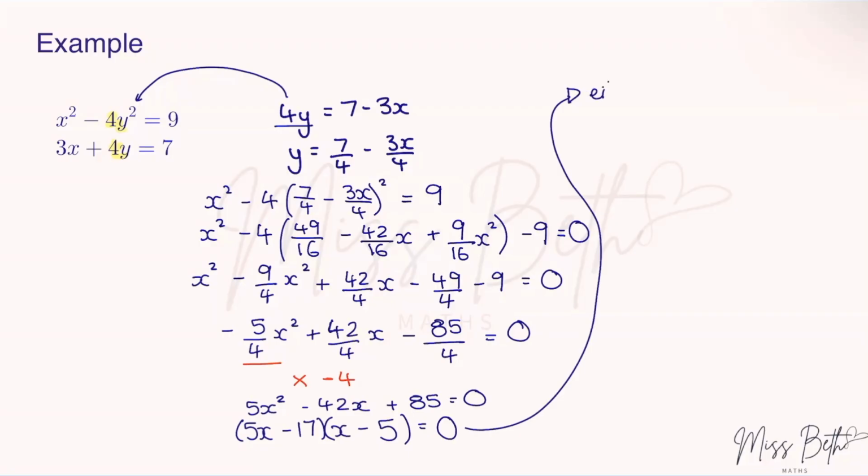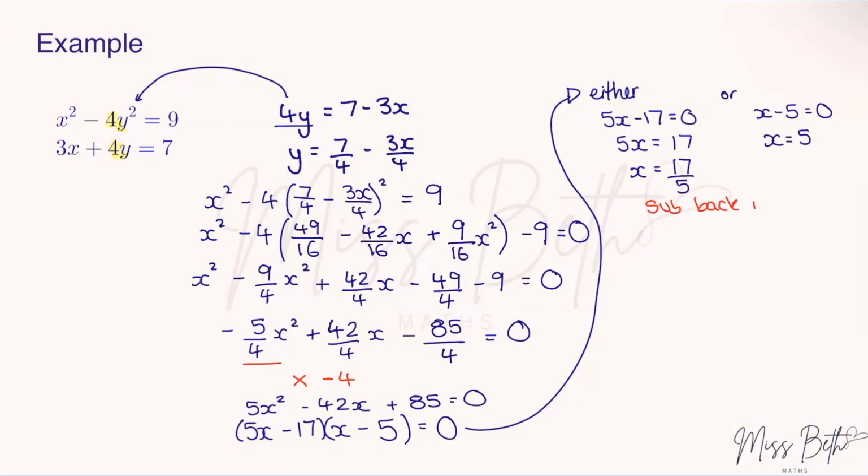So either 5x minus 17 equals 0. So therefore 5x would be equal to 17, so x is equal to 17 over 5. Or we would have x minus 5 equals 0, so x equals 5.